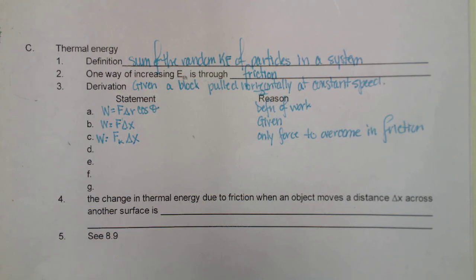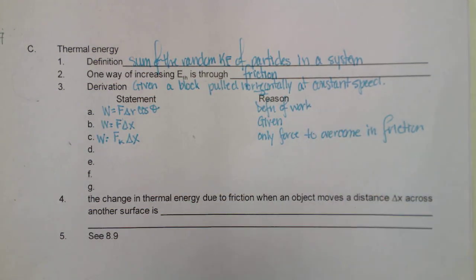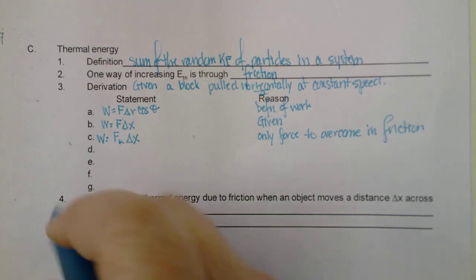And so my only two forces acting in my system, according to my given, is the force of the push or pull on the block, and that has to be in balance with the force of friction. Otherwise, if it were imbalanced, it would be accelerating. So the only force to overcome is friction, and they have to be equal to each other because there is no acceleration, constant speed.